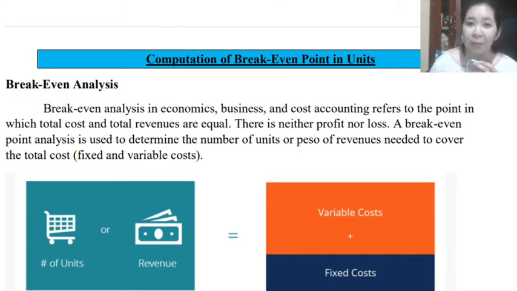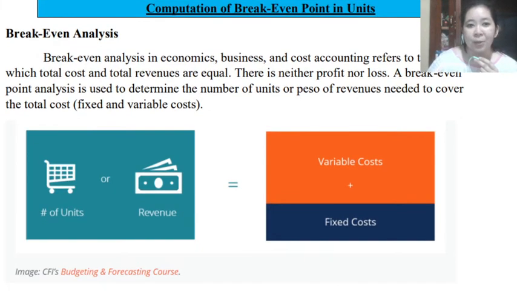This is the minimum level of sales in units or in revenue for them to be able to meet their total costs. So if the entity desires to have a profit, then they should achieve greater than the break-even point in units or in revenue, so that they will generate a profit. But again, below break-even point sales in unit or revenue, the result will be a loss for the entity. So that's how break-even point is also being used.